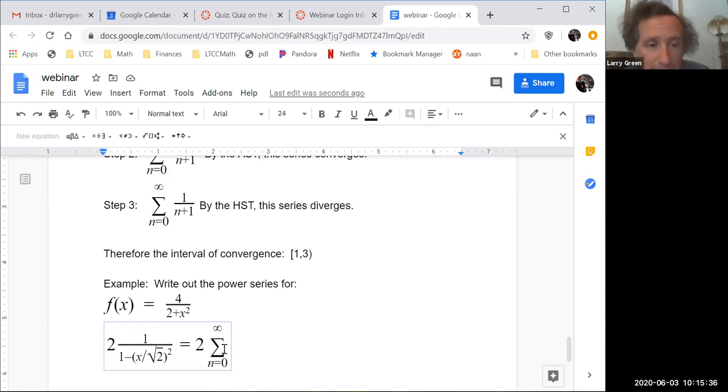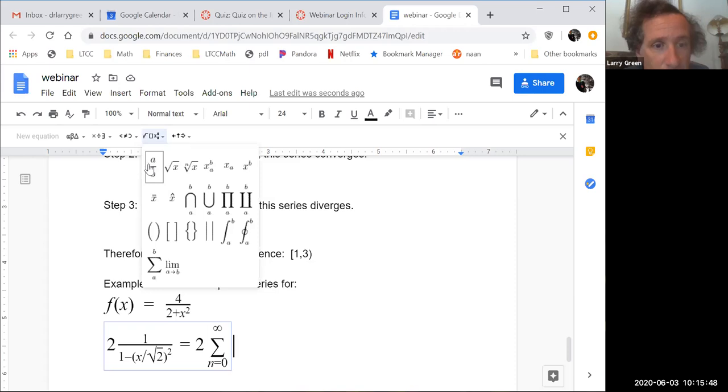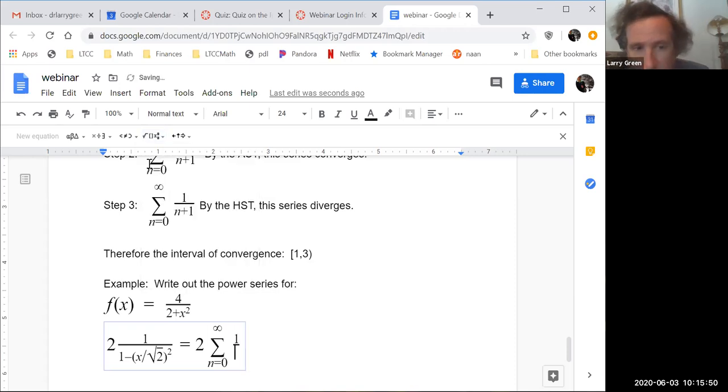And we can rewrite that as 1 over root 2 to the n times x to the n.